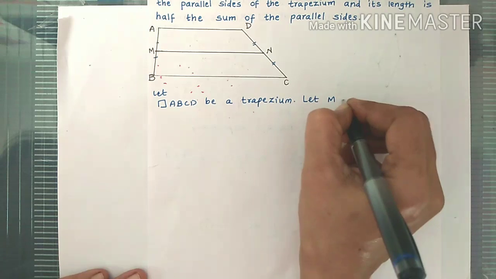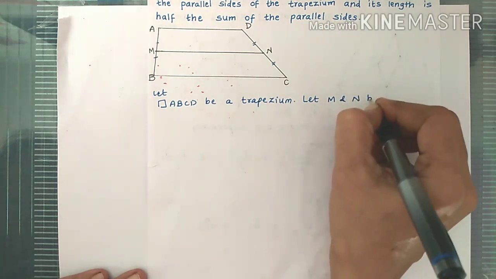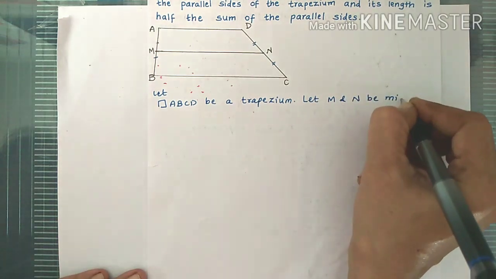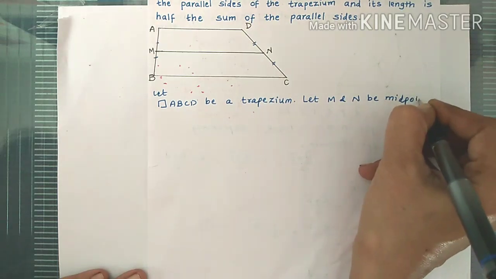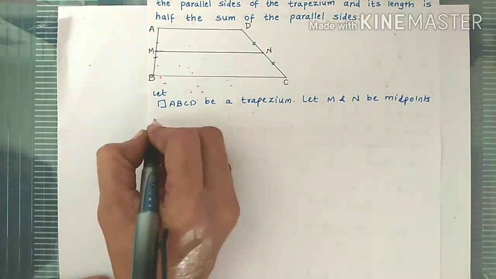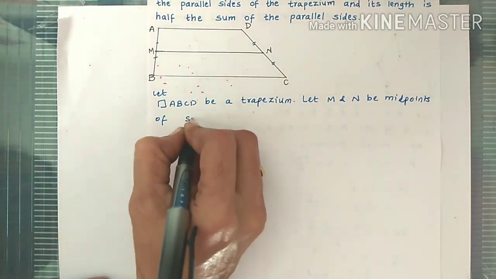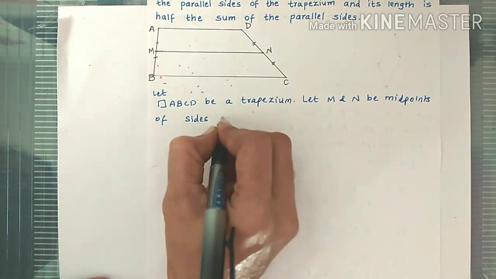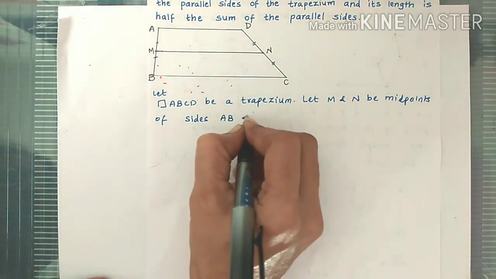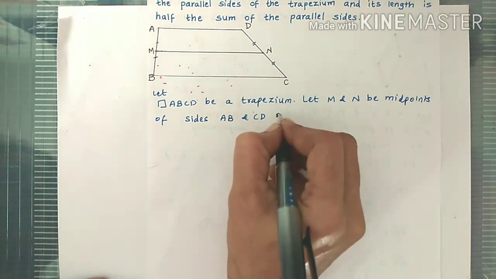Let M and N be midpoints of sides AB and CD respectively.